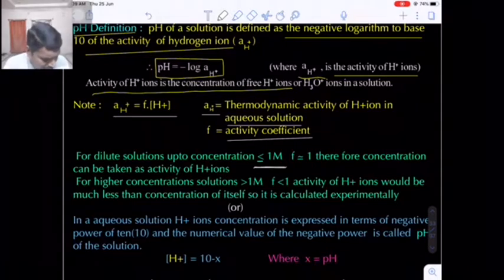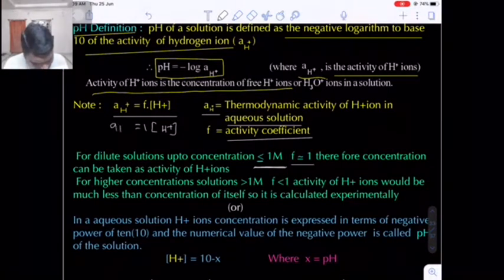For such solutions the activity coefficient is arbitrarily assumed to be 1. So if you put the f value 1 into the H plus ion concentration, it will be the activity of hydrogen ion. So the activity of hydrogen ion is indirectly nothing but the H plus ion concentration for very dilute solutions.